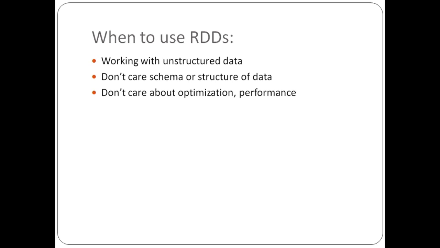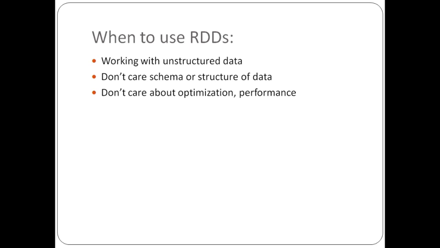But when to use RDDs? For example, you have unstructured data like a text file, and you want to analyze the data. For example, Twitter messages, where the text message is there.